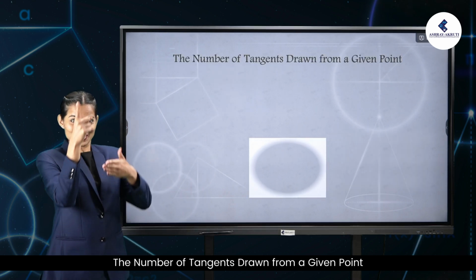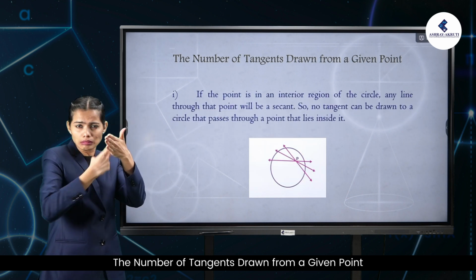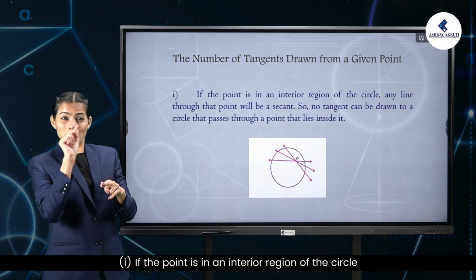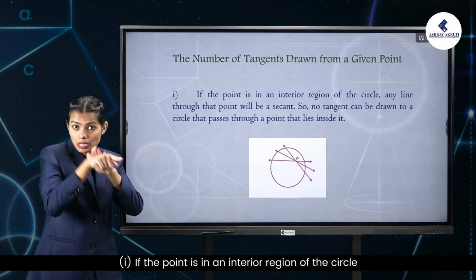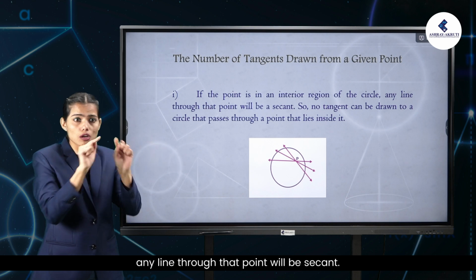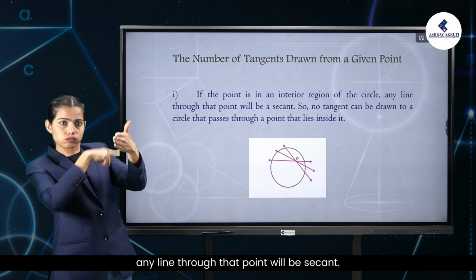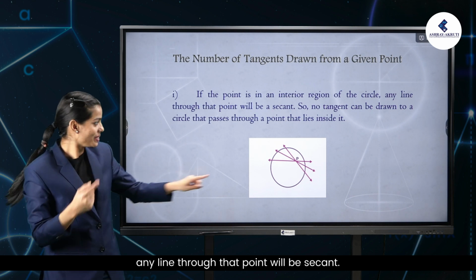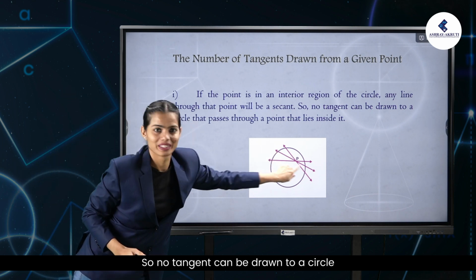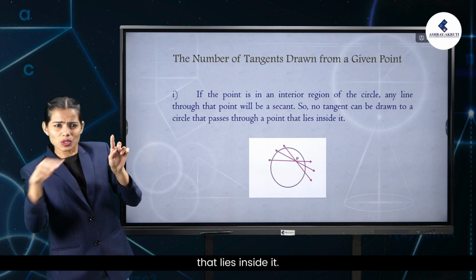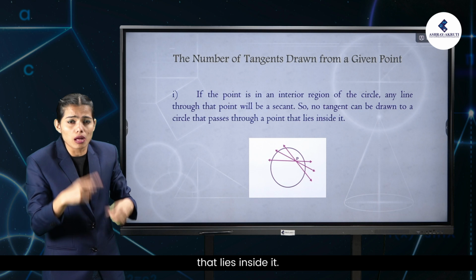The number of tangents drawn from a given point. If the point is in an interior region of the circle, any line through that point will be a secant. So, no tangent can be drawn to a circle that passes through a point that lies inside it.